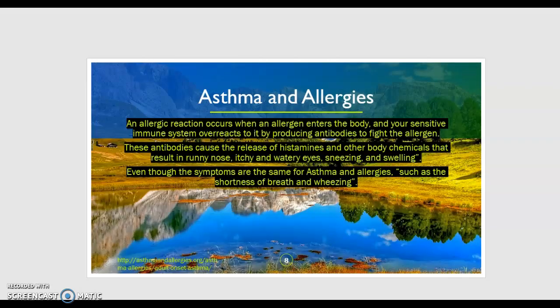Moving on to slide number eight, a little bit more information on asthma and allergies. An allergic reaction occurs when an allergen enters the body and your sensitive immune system overreacts to it by producing those antibodies, which we talked about with allergies. So, just a little bit more information for you to consider on asthma and allergies.